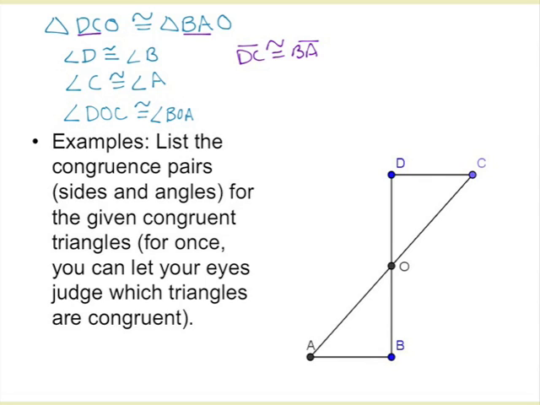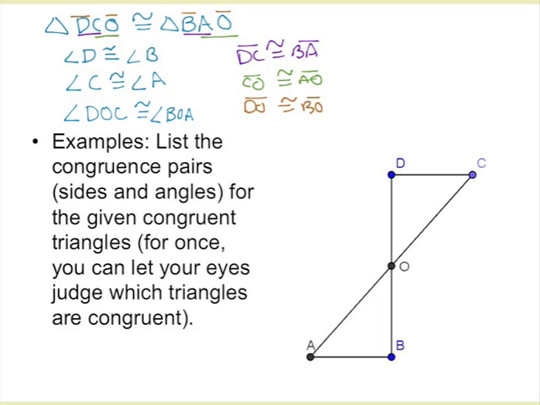Then I can take the second set of letters, CO and AO. And then the final set is taking the first and the last. DO and BO. So once you've named the triangles, naming the sides doesn't even require looking at the picture.